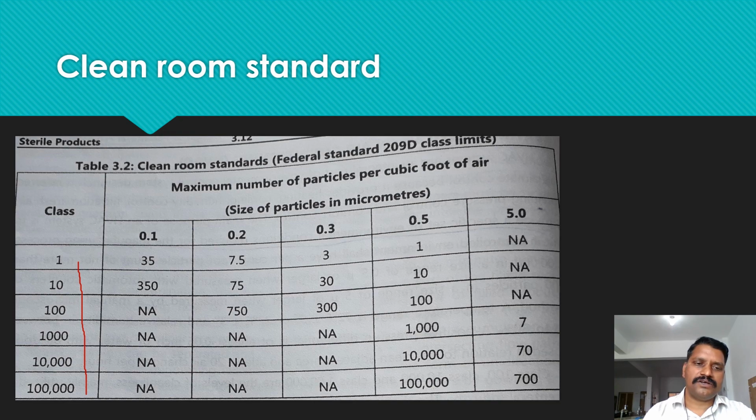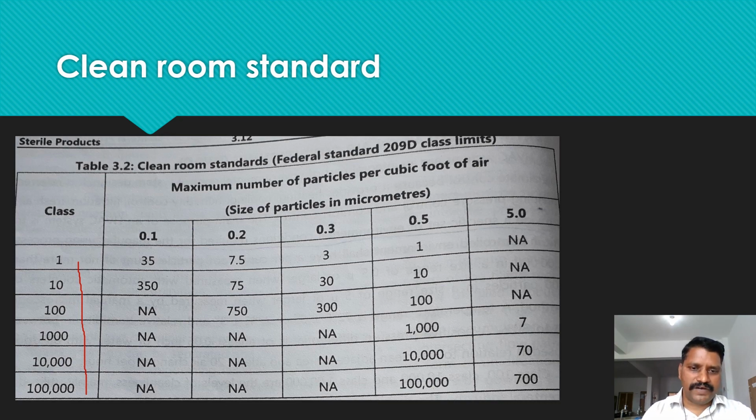Class 10 area is what? 350 particles of 0.1 micrometer size maximum permitted, 75 particles of 0.2 micrometer size, 30 of 0.3, 10 of 0.5, and 5 not applicable. Same for class 100: 0.2, 0.3 and 0.5 have 70, 750, 300, and 100 particles respectively.